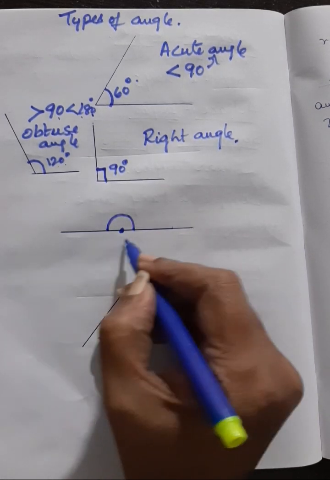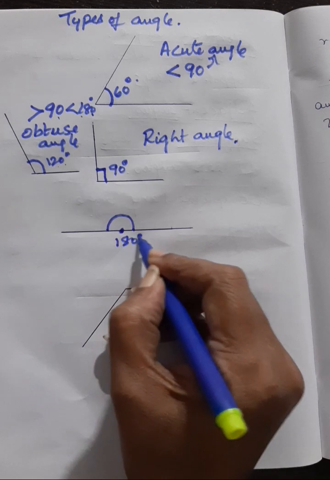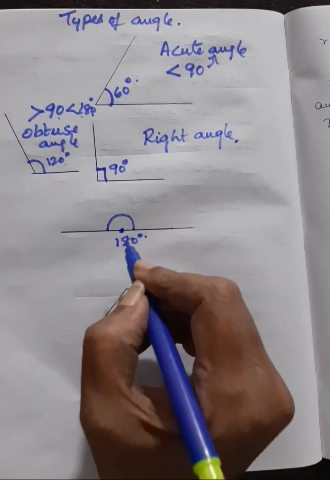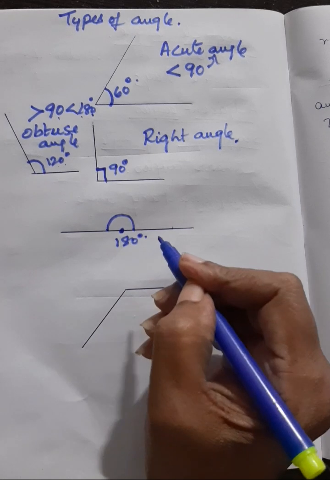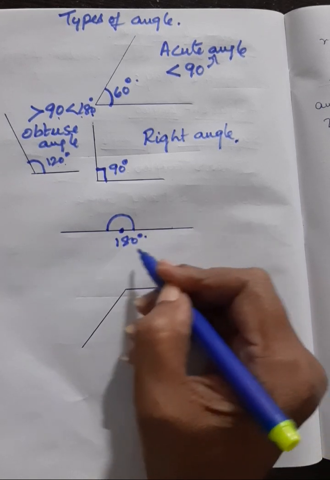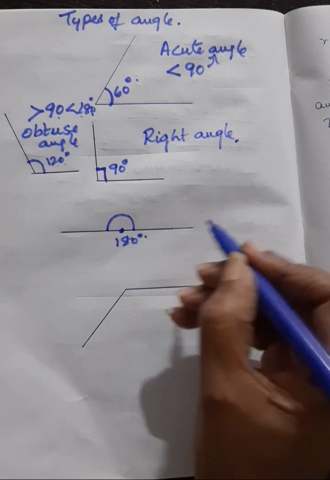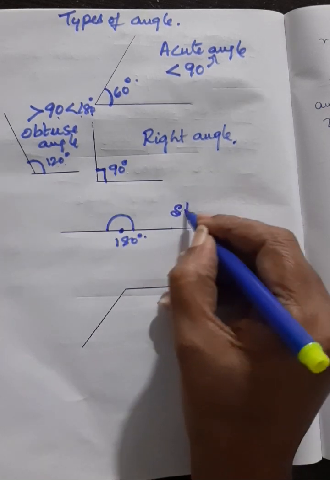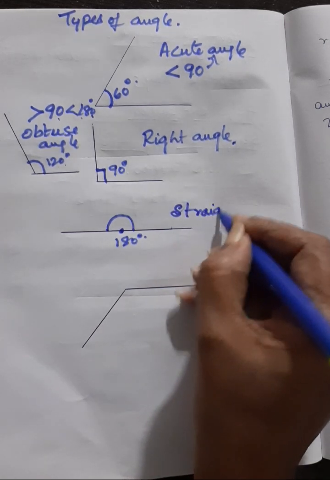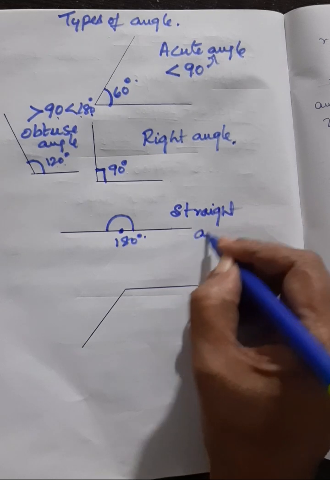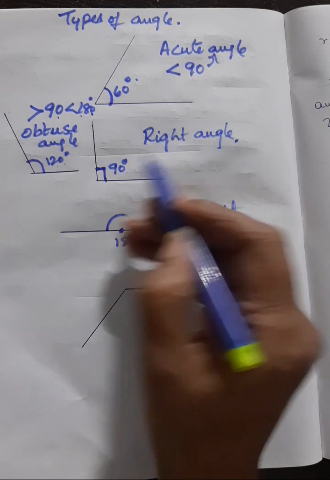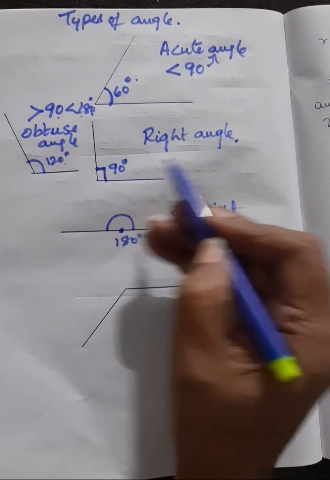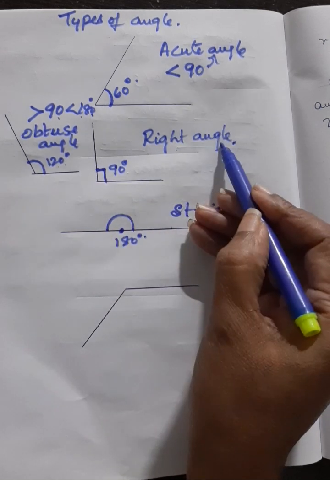Straight angle means 180 degree. Exactly it measures 180 degree. The angle which measures exactly 180 degree, we call it as straight angle. The angle which measures exactly 90 degree, we call it as right angle.